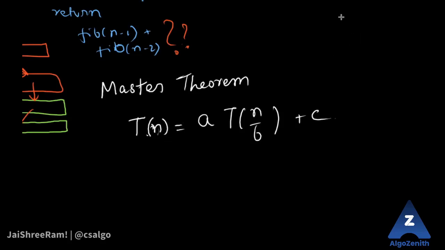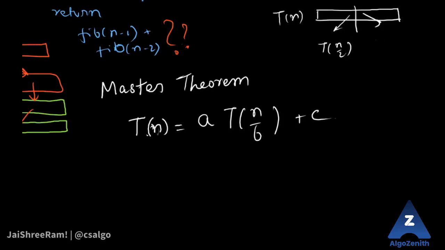In the case of merge sort, if you know the merge sort algorithm, it divides the array into two parts. That division is hypothetical, so we don't do any operation. We just do T of n by 2, which is recursively solving half of the array. Let's say T of n is for the whole array, so T of n by 2 is the time taken for half of the array.